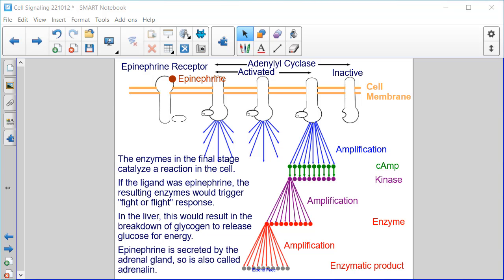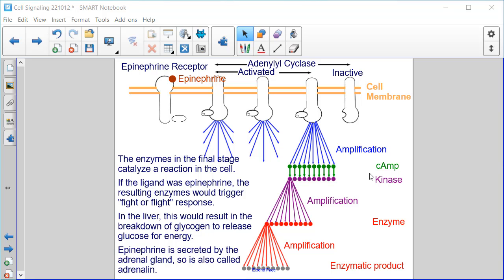The enzymes in the final stage of this process catalyze a reaction in the cell. If the ligand here was epinephrine, the resulting enzymes would trigger the fight or flight response. In the liver, this would result in the breakdown of glycogen to release glucose for energy.